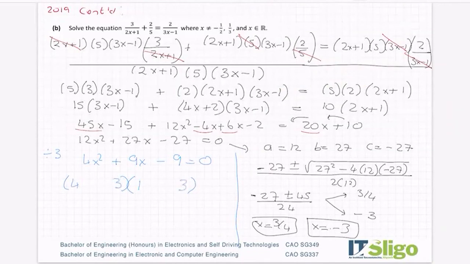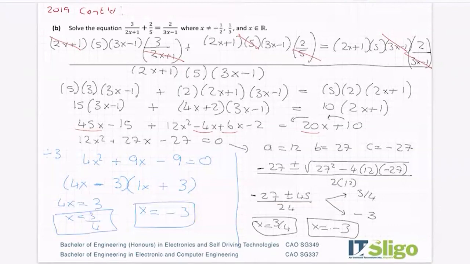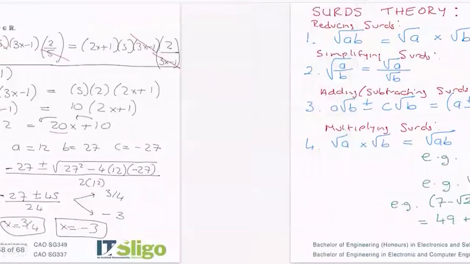That would work. And I need, sorry, an x and an x. I need him to be a plus and him to be a minus. So 4x is equal to 3, x is equal to 3/4, and then x is equal to minus 3. So of course you got the same answers. So whichever method is your preferred method, you can go either way. So that was the 2019 question.